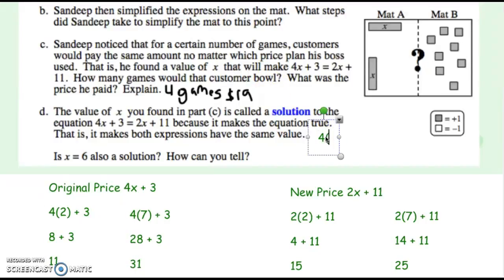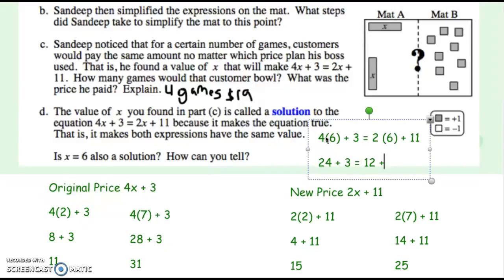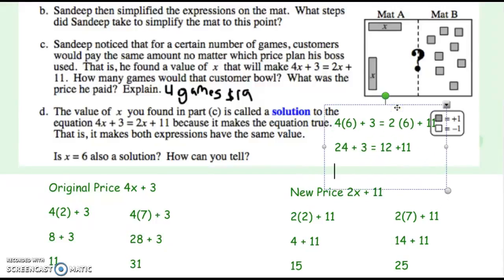So if I put 6 in for x in 4x plus 3, they're asking if that equals 2 times 6 plus 11. I have 24 plus 3 equals 12 plus 11, and I want to see if those are equal to see if that's a solution.